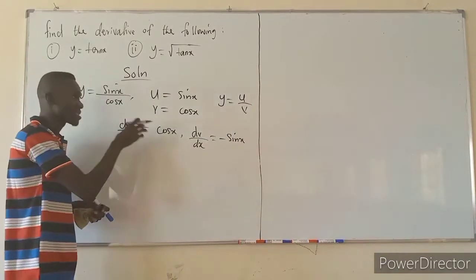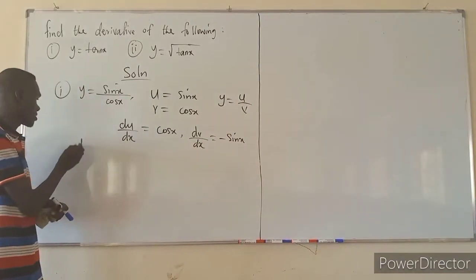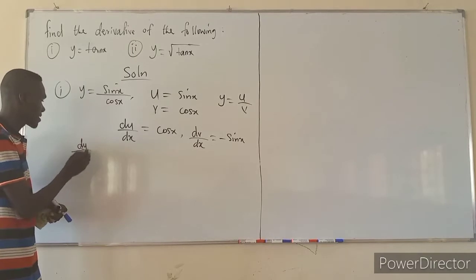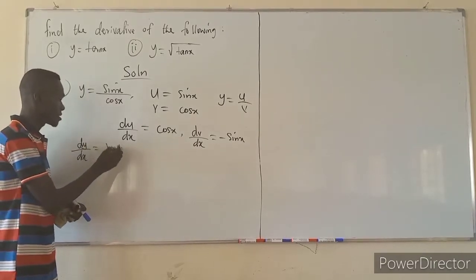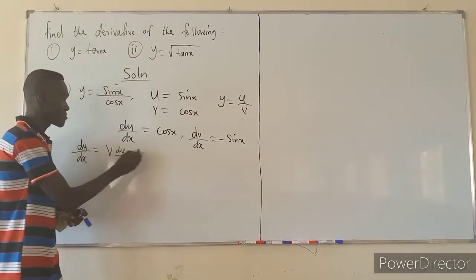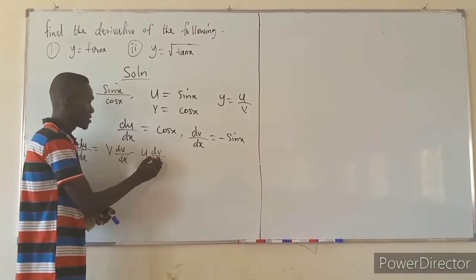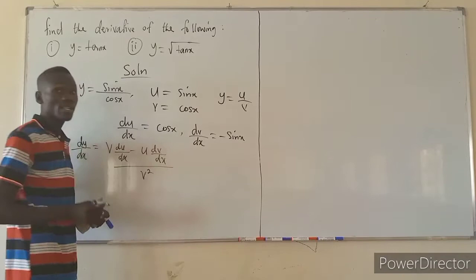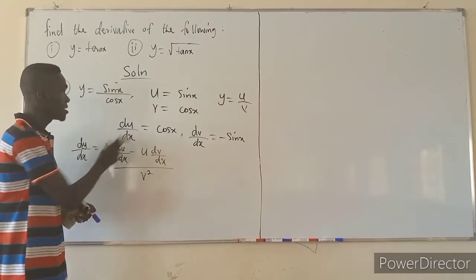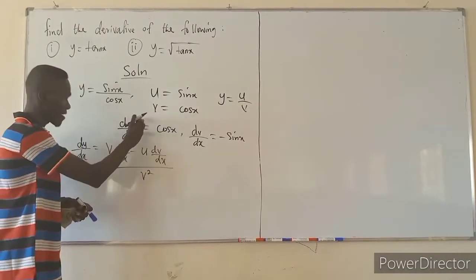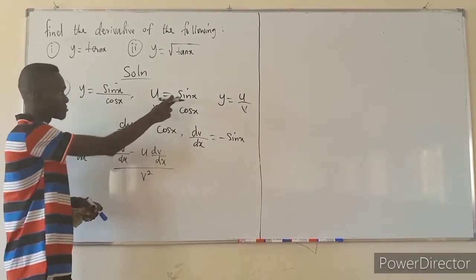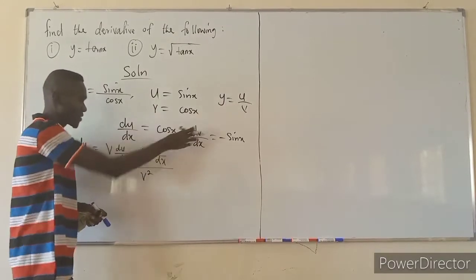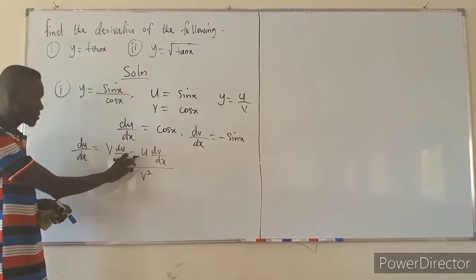So we have everything, and recall that the formula for the quotient rule states that dy dx equals v du dx minus u dv dx, everything over v squared. We have our v, du dx, u, and dv dx. So I think the formula is ready now.